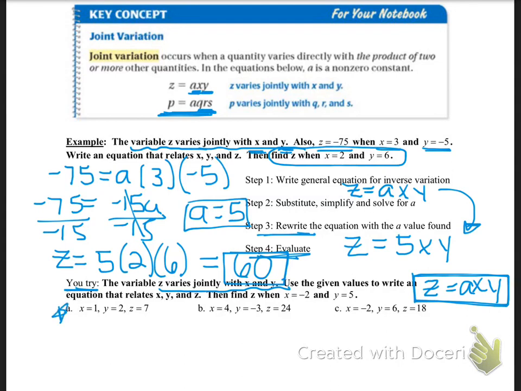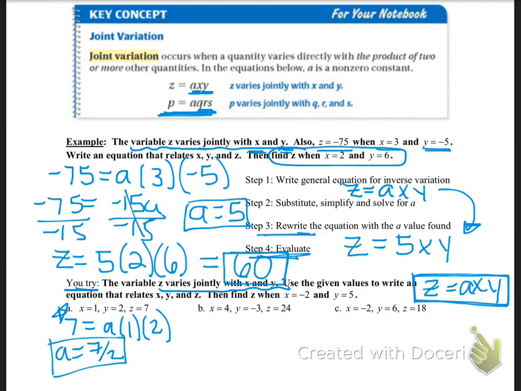So right here they're telling me x is 1, y is 2, z is 7. So 7 equals a times 1 times 2. So then we got to find our a. So 1 times 2 is 2. Divide both sides by 2. a equals 7 over 2.